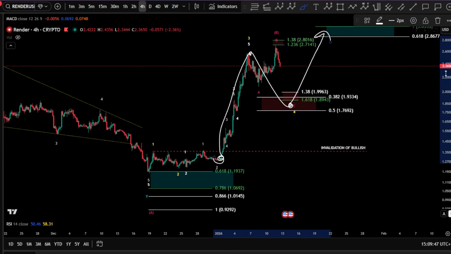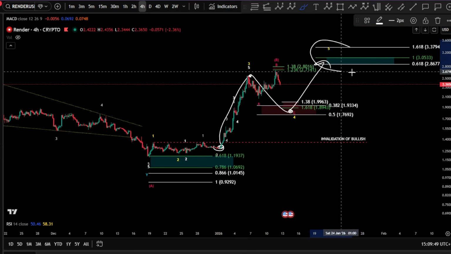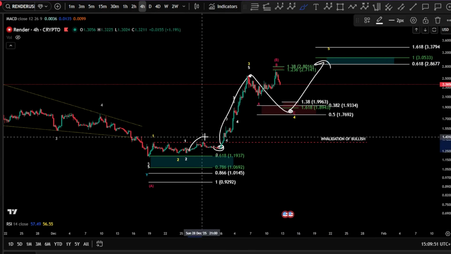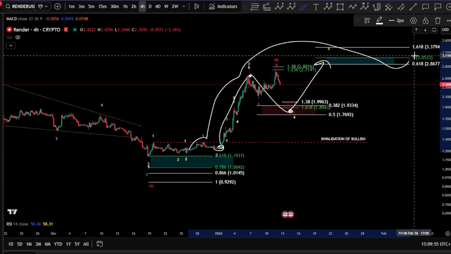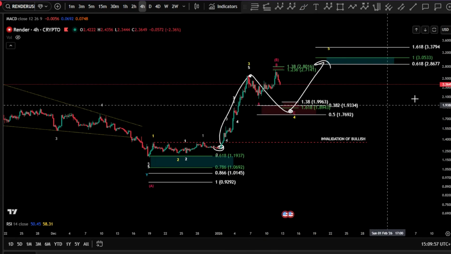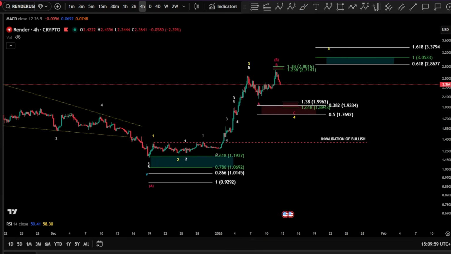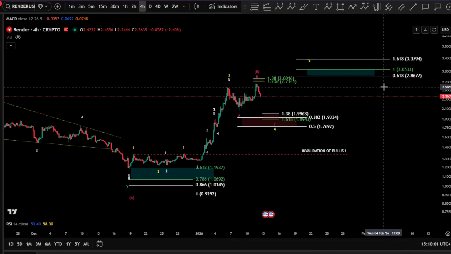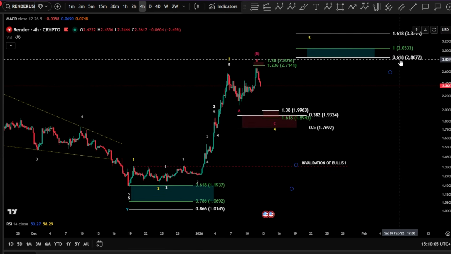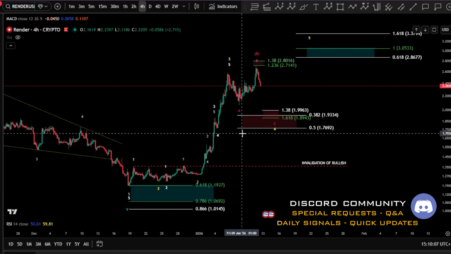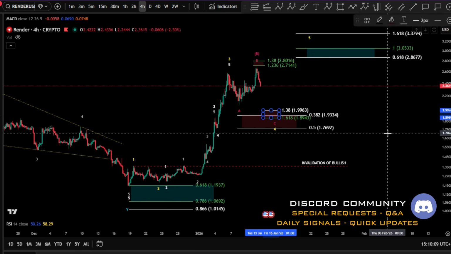Therefore, we are looking for wave 5 after it to reach again the targets taken from the wave 1 based on the wave 3 to give us this area here within the common target $3 exactly for Rndr that it might hit again. And it can be the uncommon target 0.618 also for Rndr, very likely as well.